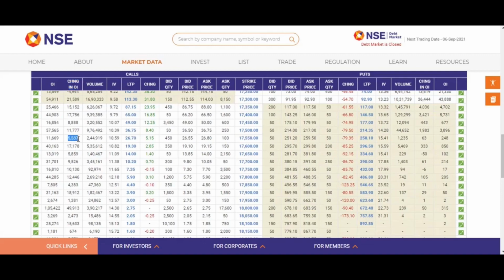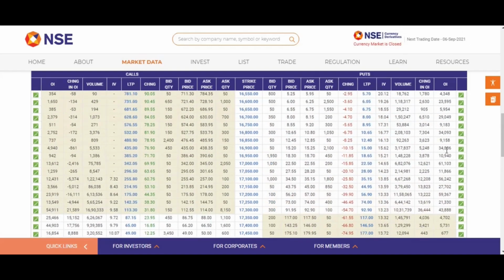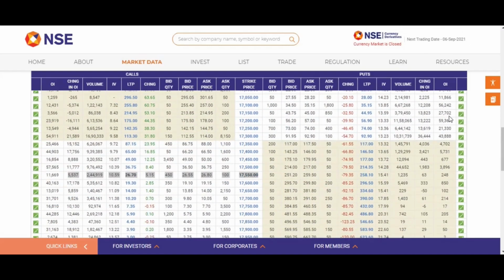So let's say this strike has a change of OI of 5,000, and let's say within the next 5 minutes it goes to 15,000 or 20,000. You need to understand that these sellers are selling the 17,550 call, which means they are expecting the market to either go down or at least not cross this particular level. Okay. So similarly, you have to look for OTM puts when you are looking at the put section.